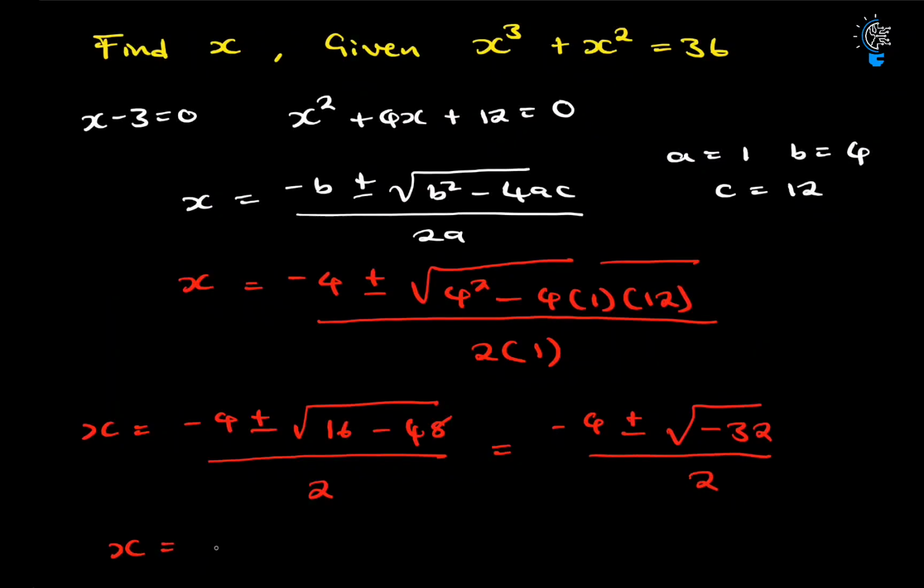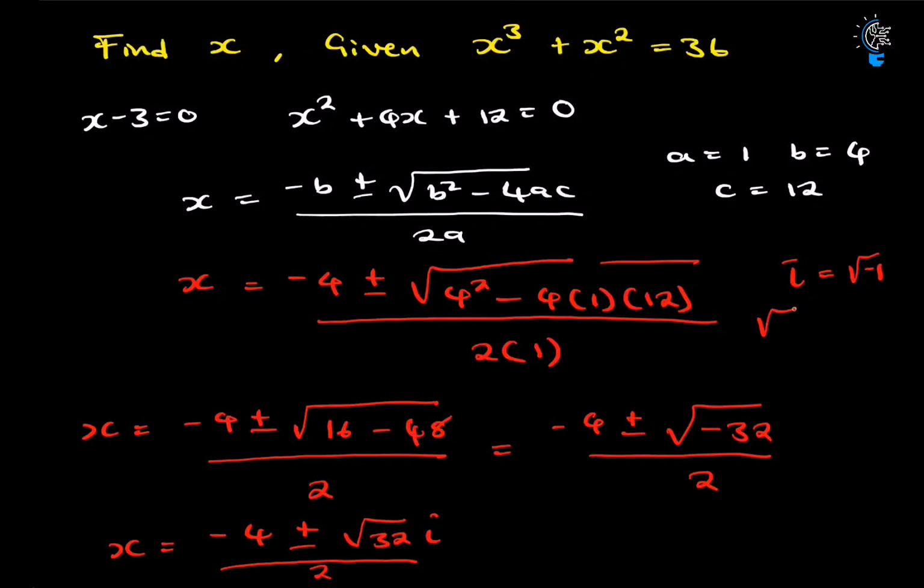And this can be written as negative 4 plus the root of 32i divided by 2. By the way, i is equals to the root of negative 1.